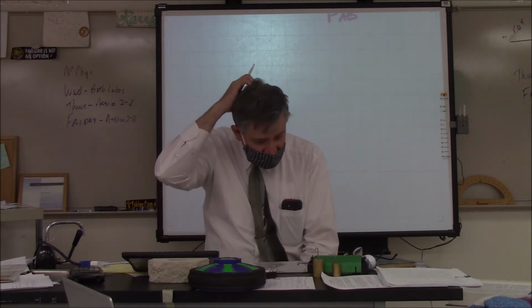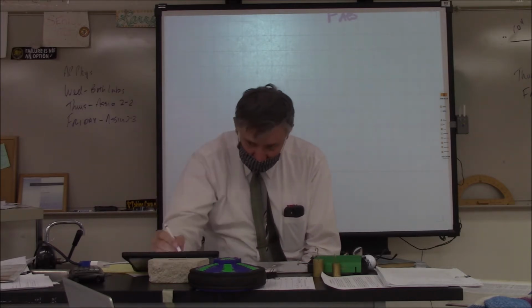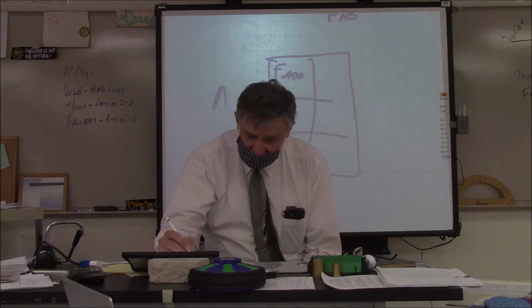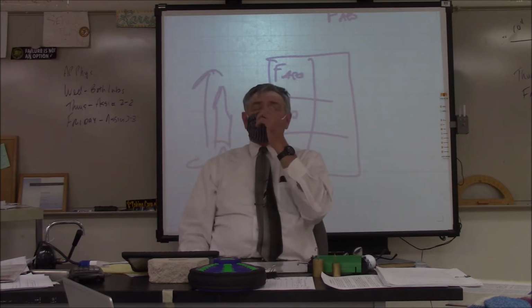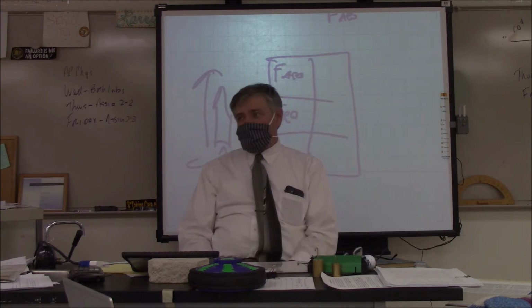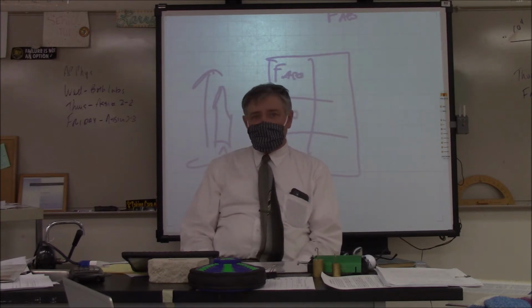Now, on number 8 with the rocket, again, set up this FAP, FOP, FNET. So since this rocket is trying to get off the ground, what's going to be your opposing force? The frictional mafia or the gravity mafia? Yeah.